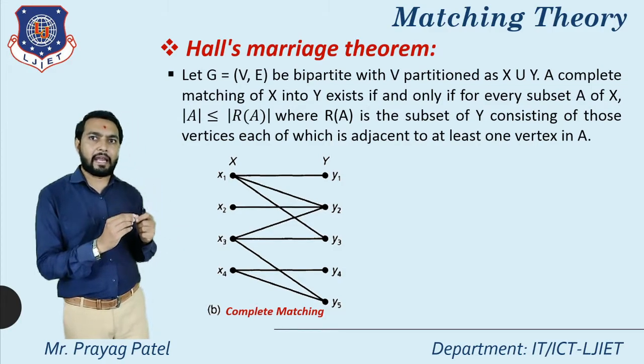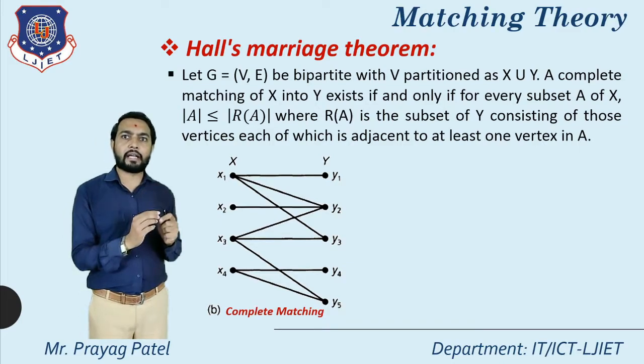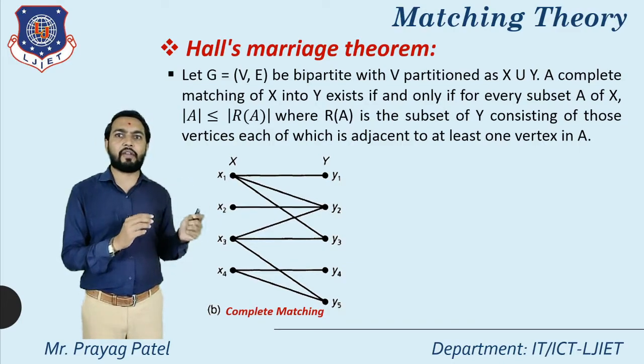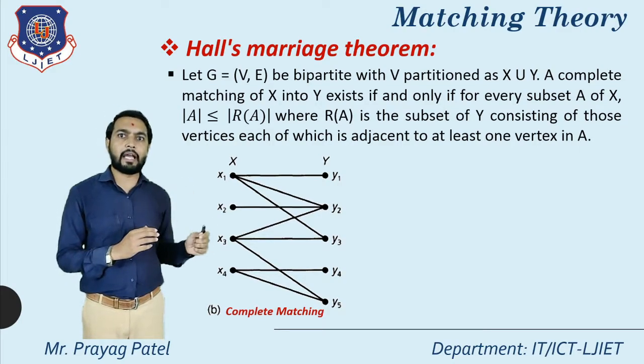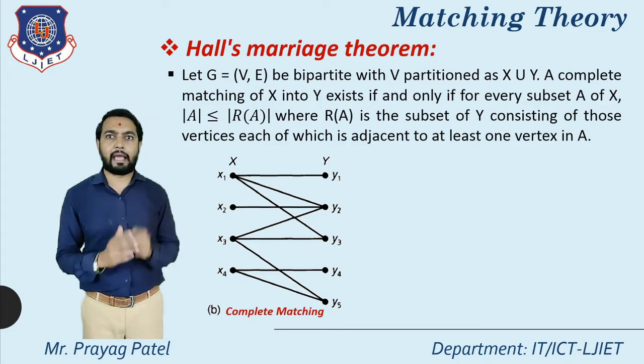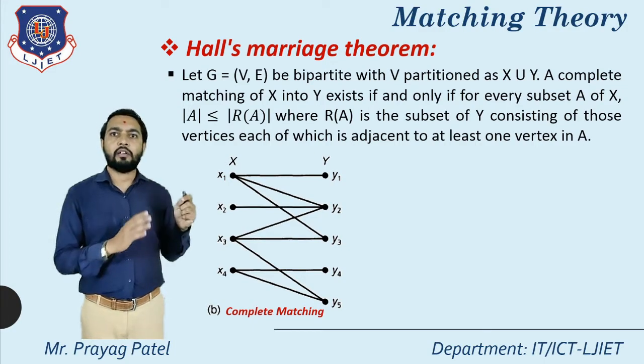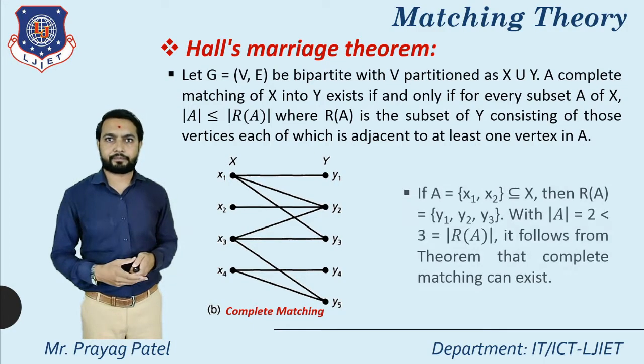Now what is RA? RA means the related elements of the second set with the first set. So the related elements of Y with X are called RA, and |RA| means the length of RA.